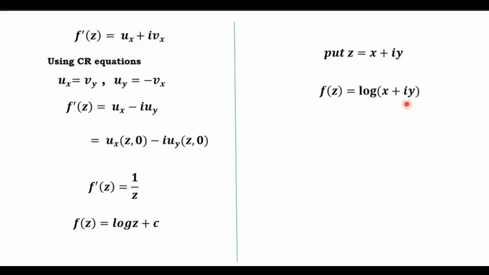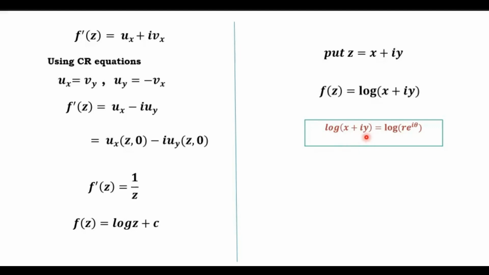If you don't remember the formula directly, what you do is you substitute the polar form of this complex number. Any complex number can be written in the form r e raised to I theta, where r is the modulus of x plus iy and theta is the argument of x plus iy. What is the modulus of any complex number?